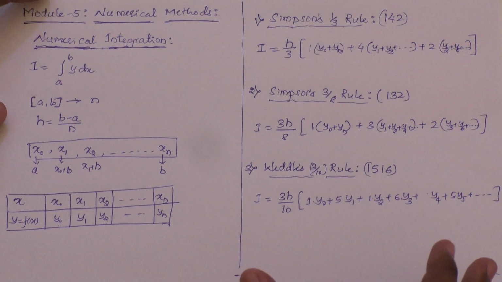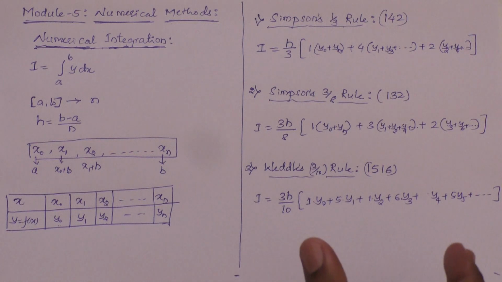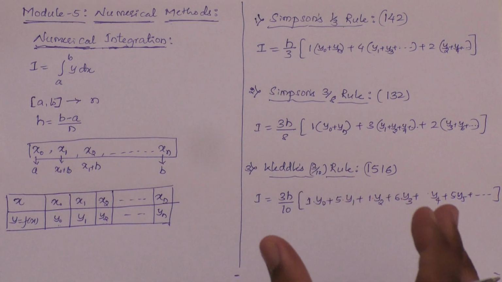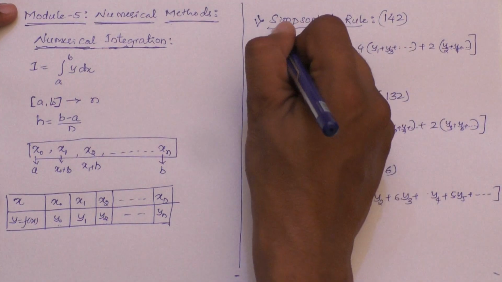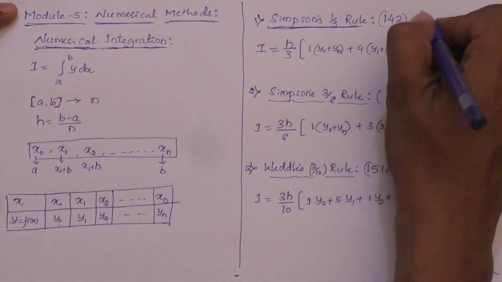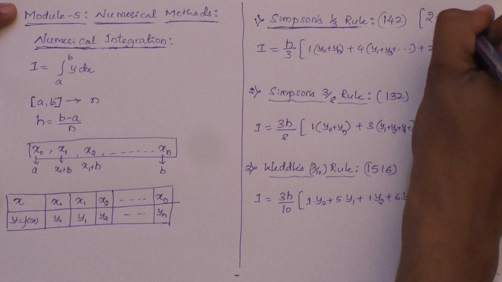This is how we can remember results: we can develop certain techniques on our own. Another important thing is that Simpson's 1/3 rule is applicable when n is a multiple of 2.